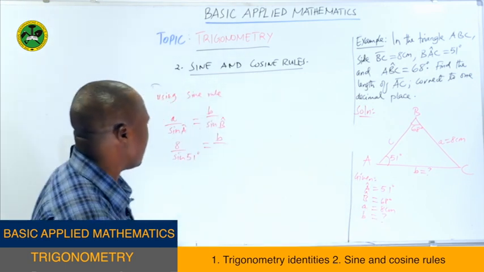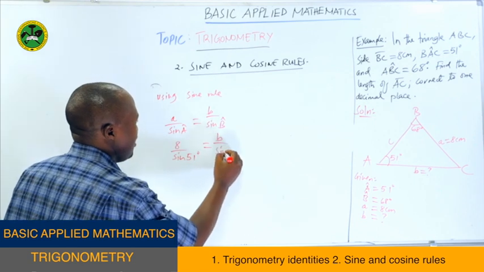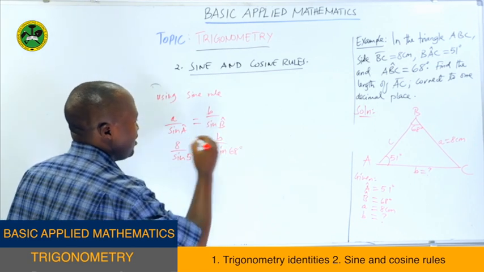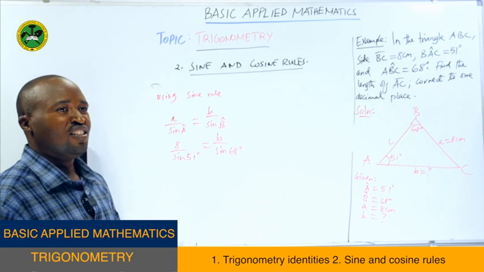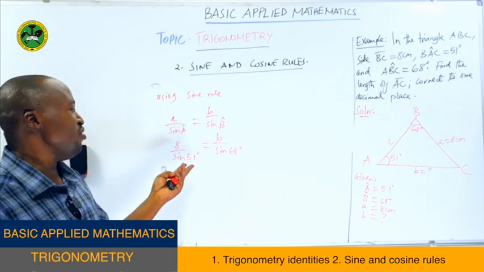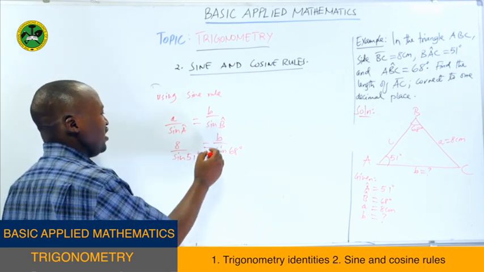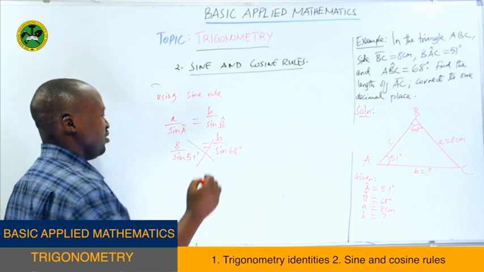Sine B is sine 68. So here we cross multiply this way and that way.